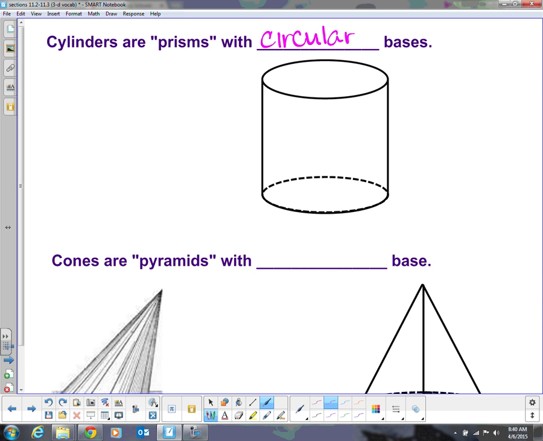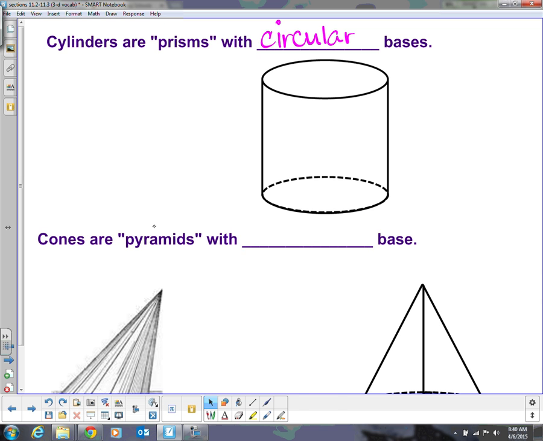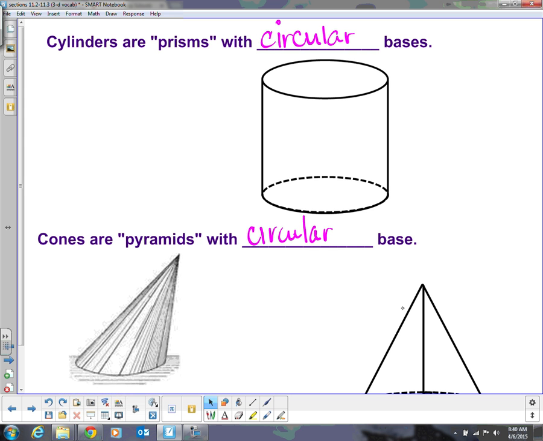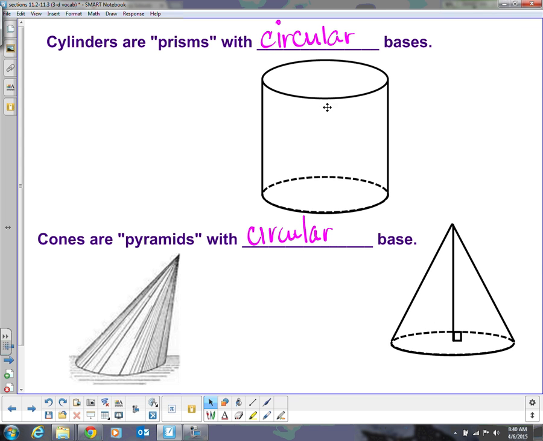That way I take it from 4 formulas down to 2 as far as volume. And I think of cones as pyramids with circular bases. So there's an example of cones. There's an example of a cylinder. A real world example would be a can, a soup can, a Coke can.